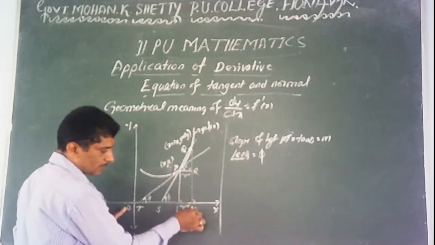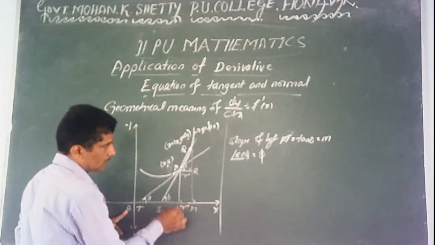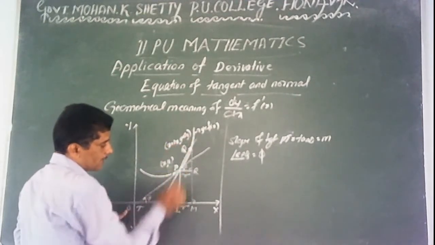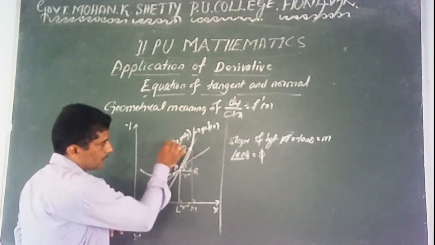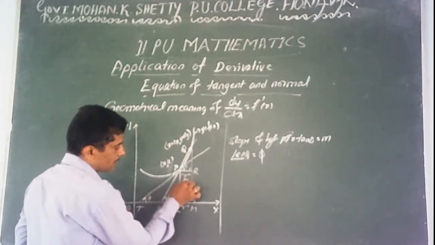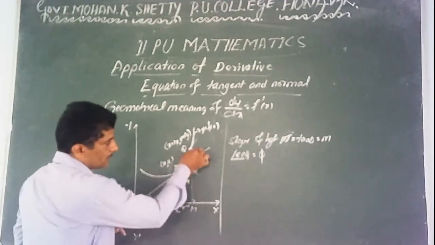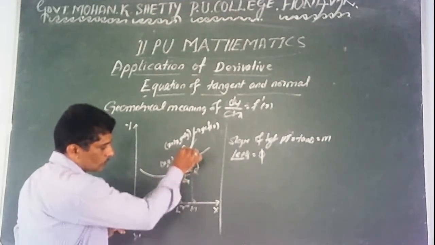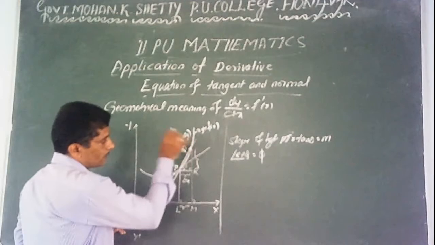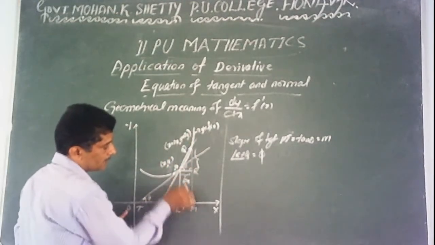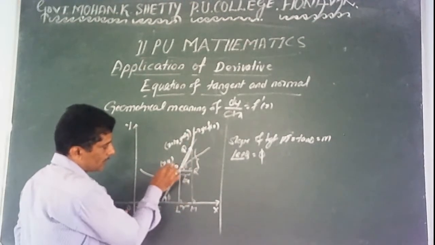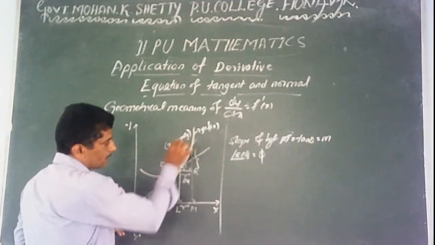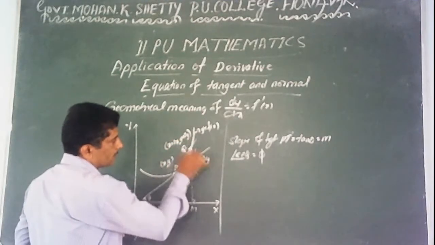LM. LM can be written as OM minus OL, x plus delta x minus x. X cancels, this value is delta x. Similarly, the distance QR is equal to QM minus RM, y plus delta y minus RM. RM means PL, y. Y plus delta y minus y, this value is delta y.